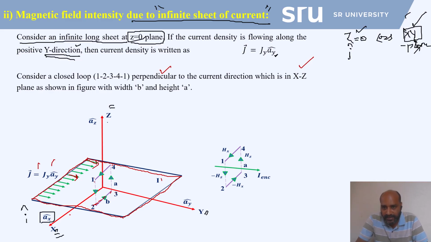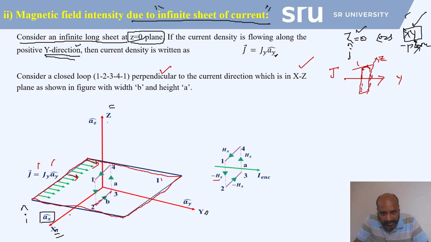As per our earlier discussion, if the current is in the y direction, the magnetic field will be generated in a plane perpendicular to this current direction, which is xz. That's why we took it particularly in the xz plane. And if you see this closed loop in detail, 1 2 is along the z direction.